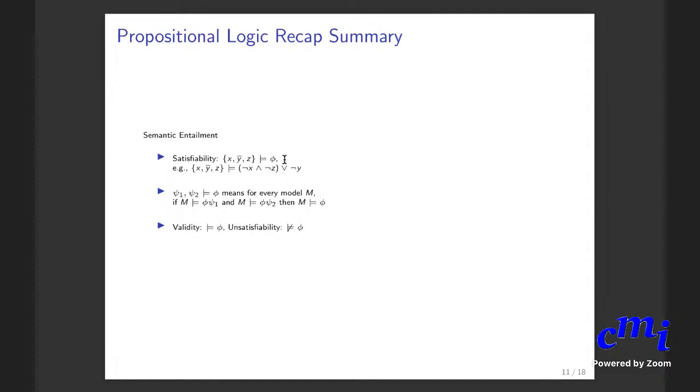Given that, the turnstile defines the semantics by precisely saying when a formula is true under that truth value assignment. So, for example, for these assignments, this particular formula holds. That is, it is true.